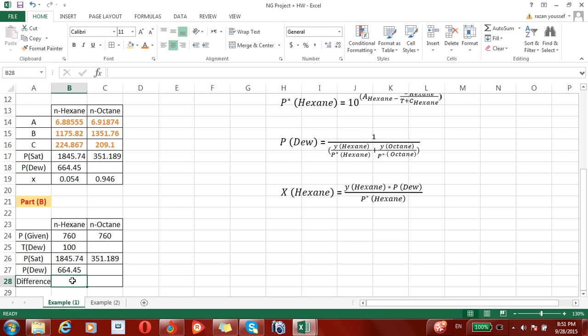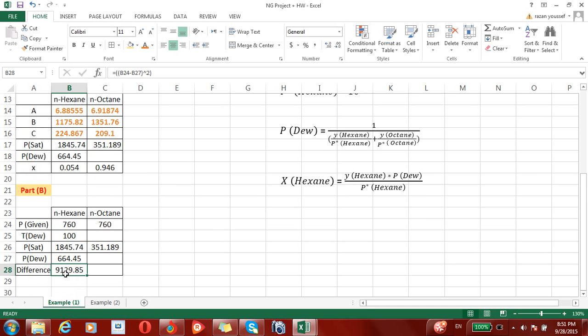Then I'm going to use something called Solver. So let's find the difference first, and then I can show you the Solver. It will be P given minus P dew found, squared.